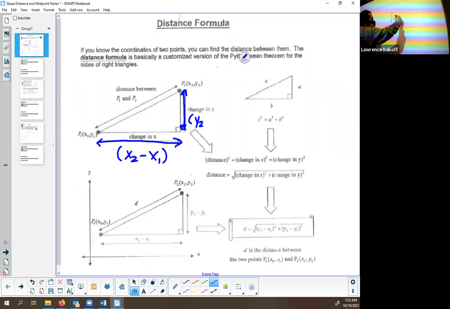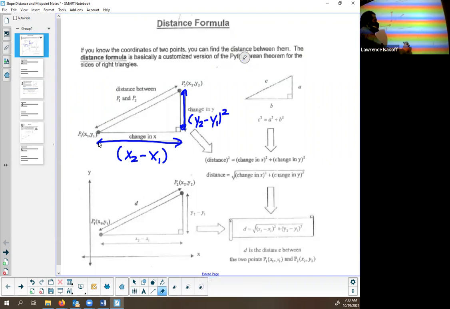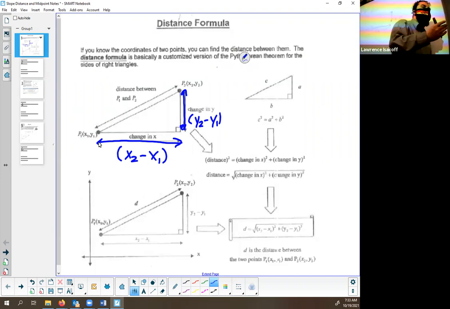So that could be y2 minus y1. Well, I don't want to square it just yet. So that would be the length of these sides. I'm looking for the distance between them, right? Or those side lengths.